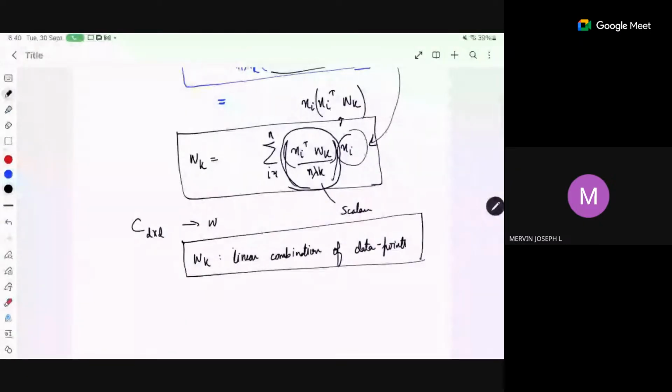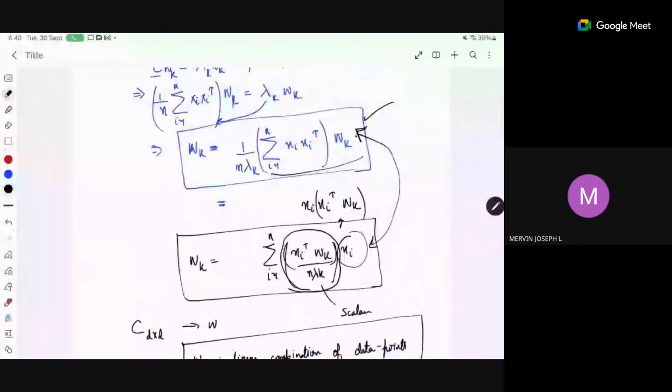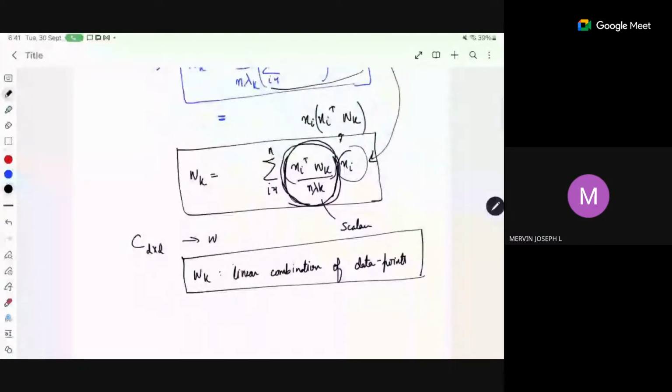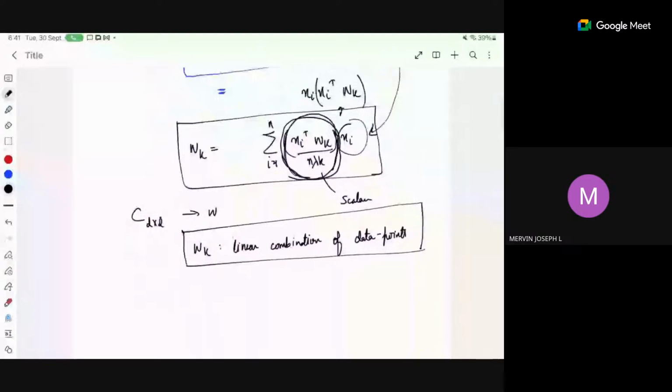This is the only reason we brought this wk inside. We wrote in this form and not the other form. I hope that is clear.